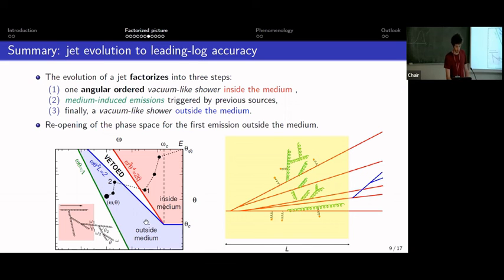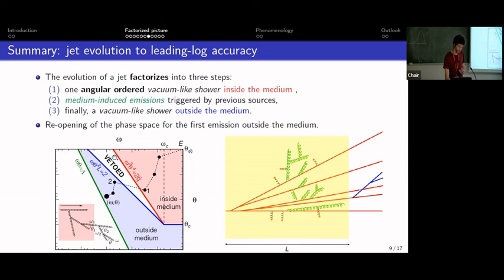I assume it's probably around q hat. Right, at the end of the medium shower, after evolving again inside the medium, the typical kT is given by Q_s, or the square root of q hat omega.